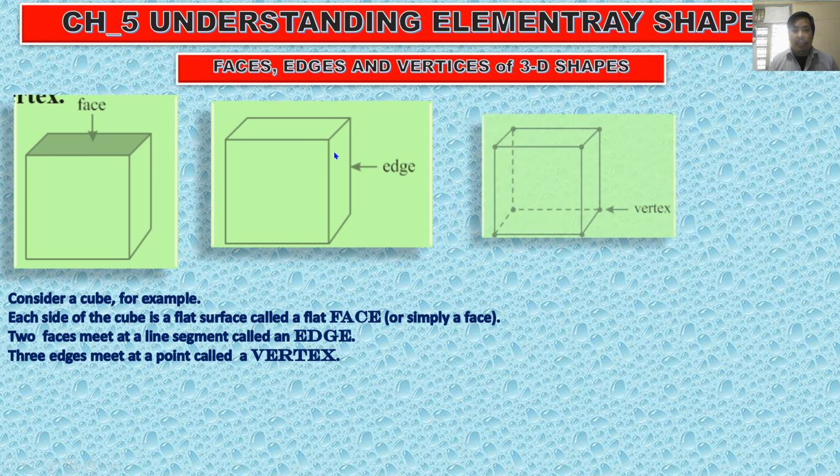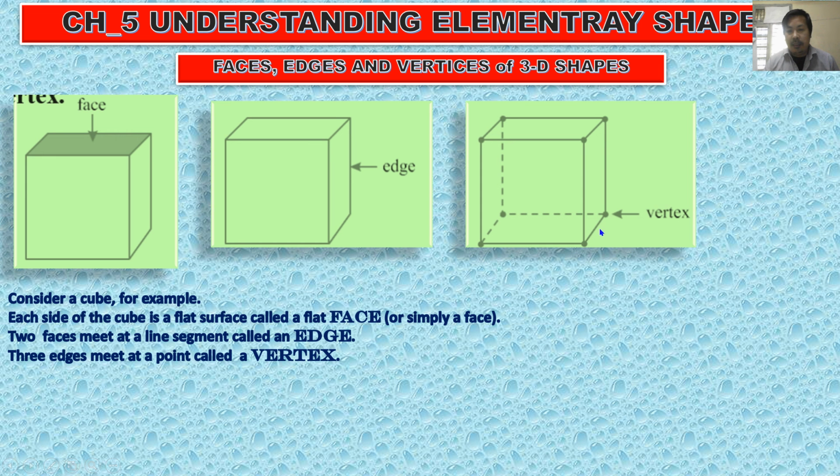So we can see the diagram here. You can see one, two, and another line coming from here, three. So these three are joining at a point, and this point where three edges are joining is called a vertex. Means just the corner is called the vertex only. So these are the corners of the 3D shapes, and these corners are called vertices.